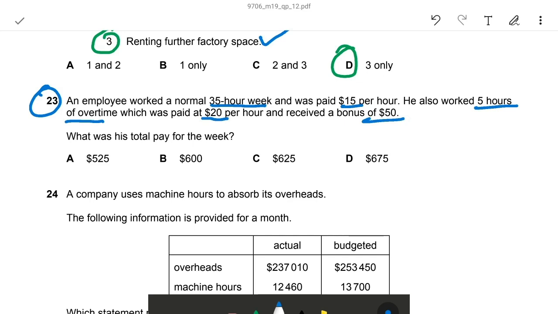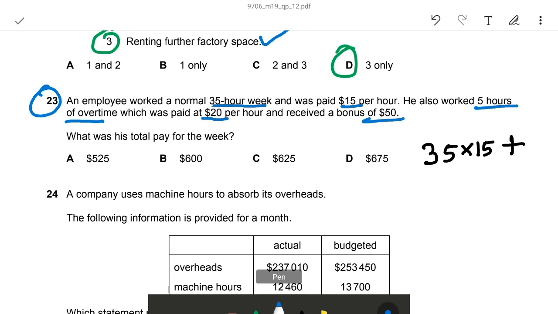What was his total pay for the week? First, his weekly payment: 35 hours at 15 per hour, so 35 into 15, plus 5 hours of overtime at 20 per hour.